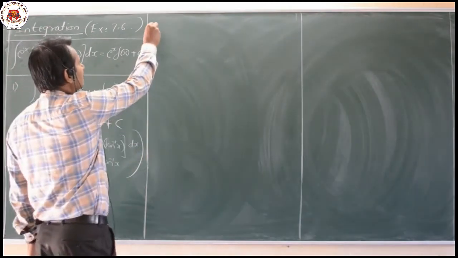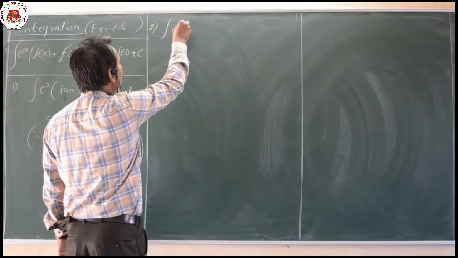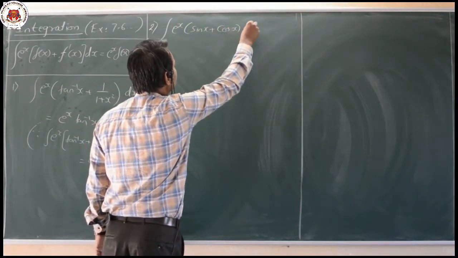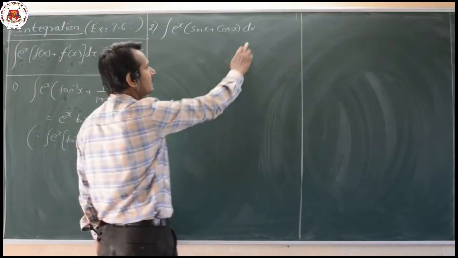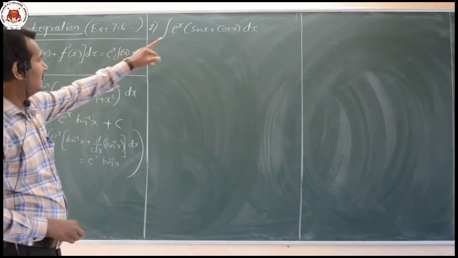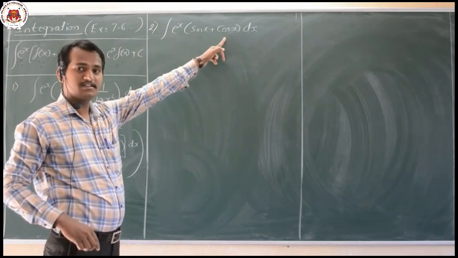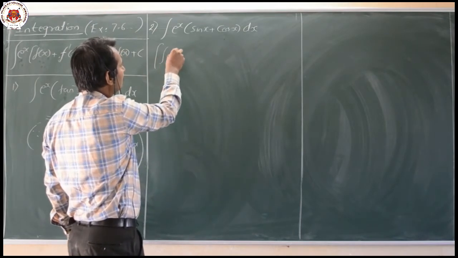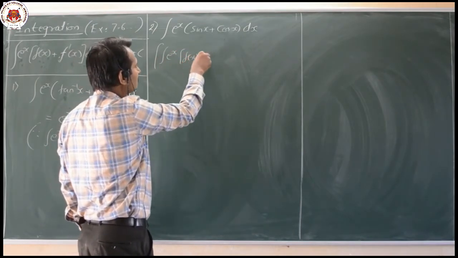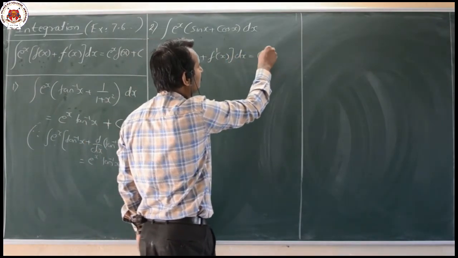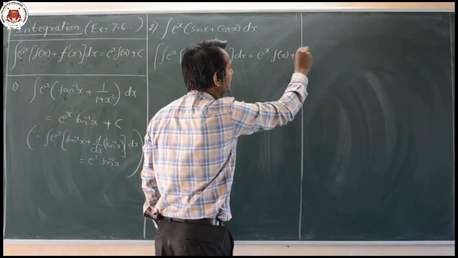Now let us look at the second problem: integration of e raised to x into sin x plus cos x dx. Here also we can observe that the differentiation of sin x is cos x. So it is of the form integration of e raised to x into f of x plus f dash of x dx, which is equal to e raised to x into f of x plus c.